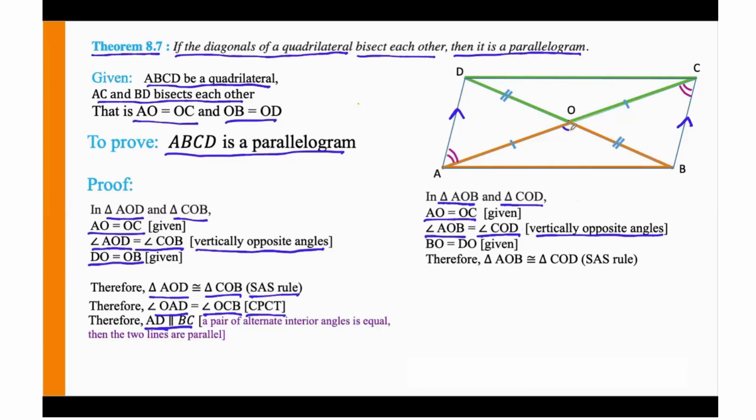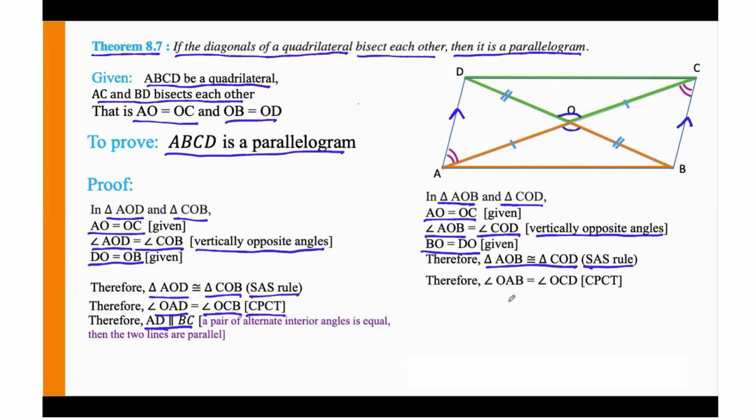Also, BO is equal to OD is given. Again, by SAS rule, we can say that these two triangles are congruent.